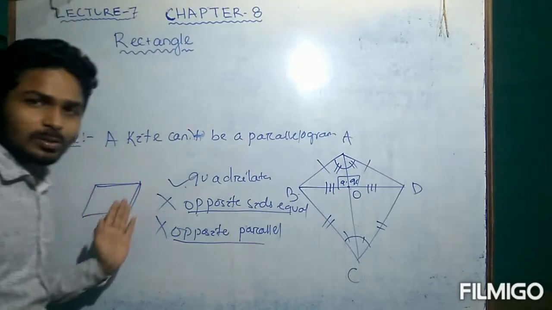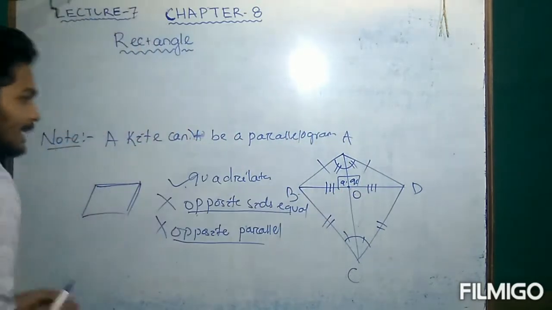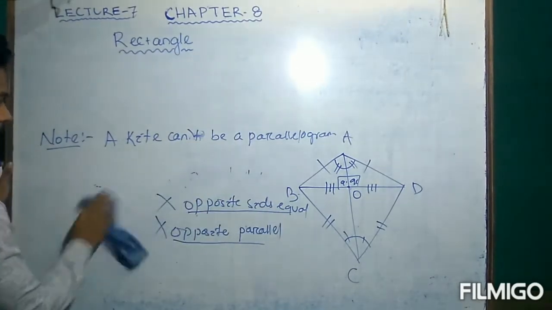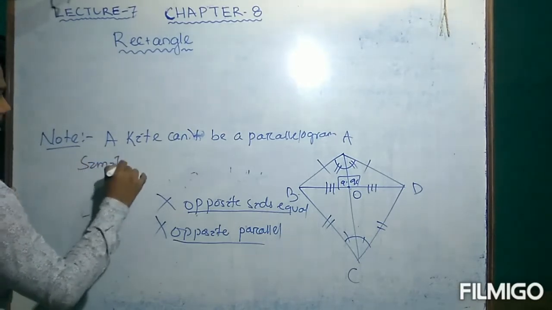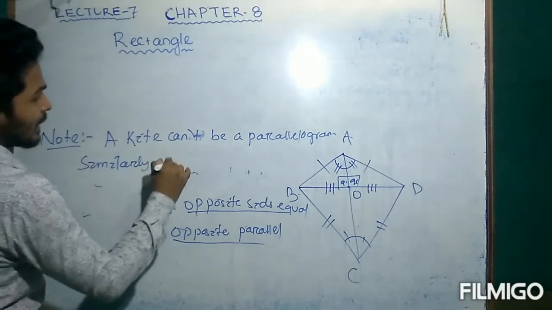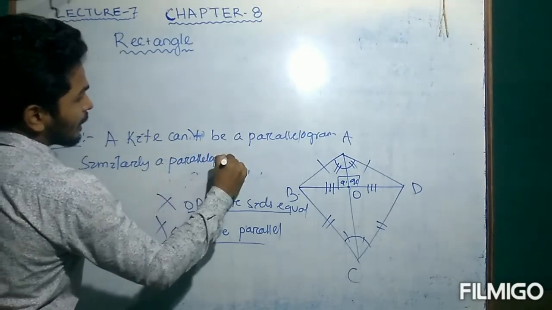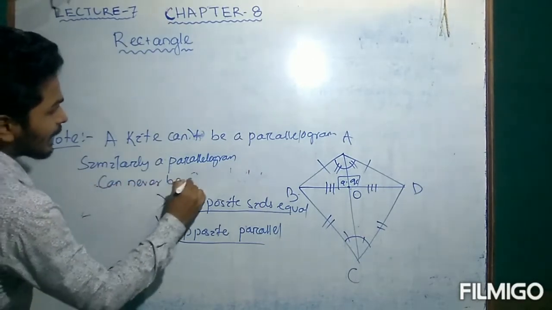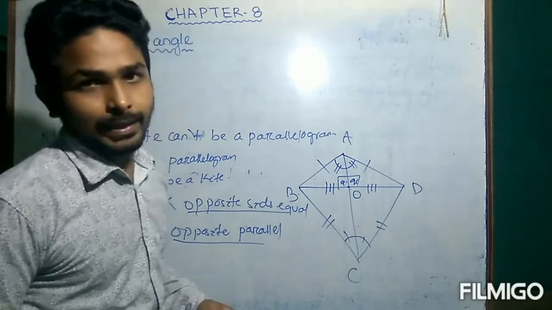A kite is not also a parallelogram, and a parallelogram is not also a kite. So you can write it. Similarly, a parallelogram can never be a kite. This is the most important concept you have to remember.